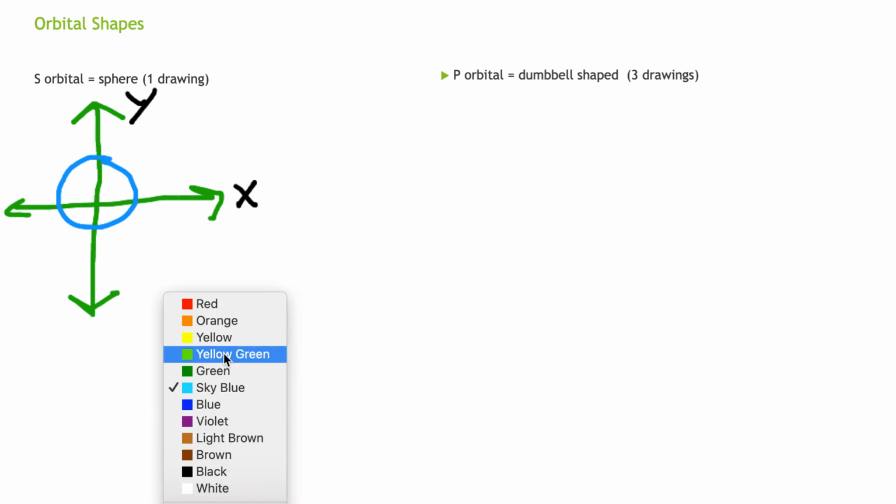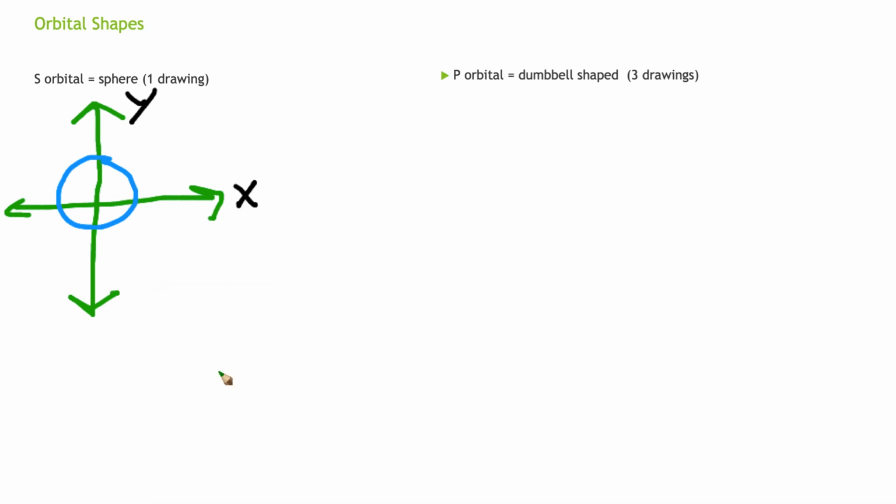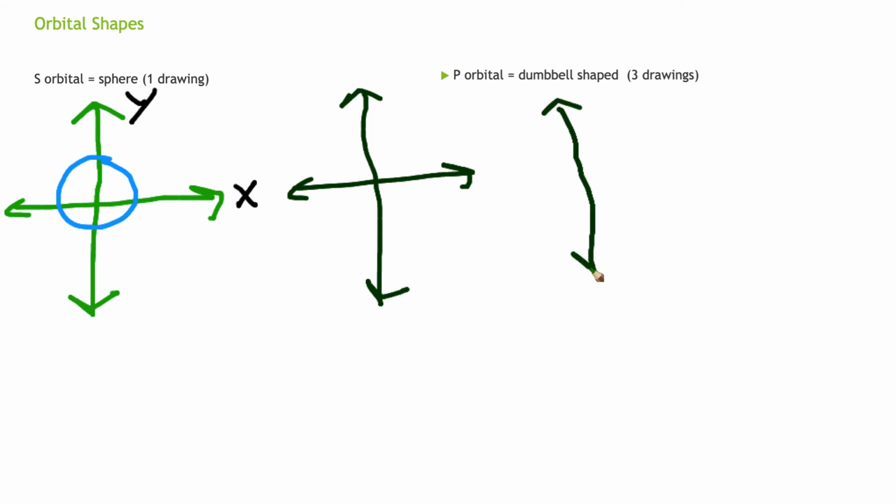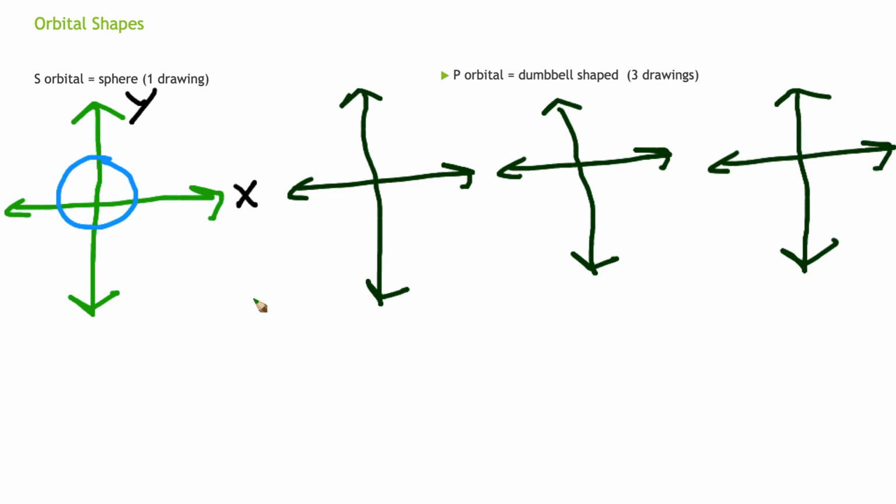A p orbital, we have three drawings. So three dumbbell-shaped figures. So we'll have three. Like I said, sorry about the drawing. This tablet's acting a little weird. Okay.